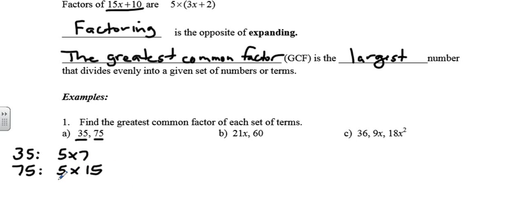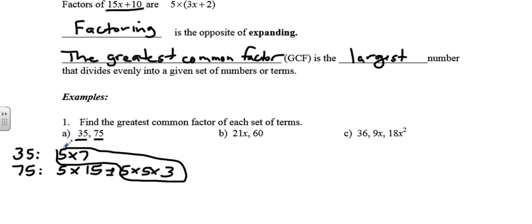Can that be broken down into some smaller numbers? Yeah, it can. So let's try rewriting that as 5 times 5 times 3. Now we're going to look at these and decide what's common. I can see that the only thing that's common is the 5s.